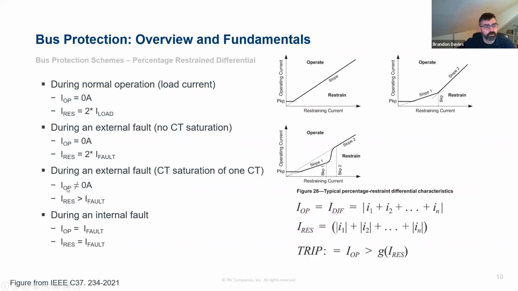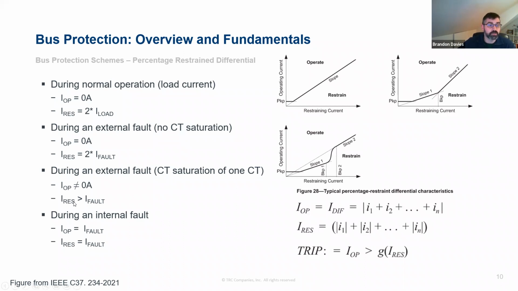But your operate current is in general not going to be 0 because you're going to have that error current based on your CT accuracy being degraded by the saturation of the core of the CT current transformer.